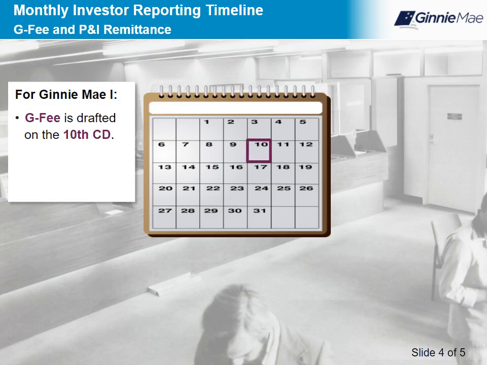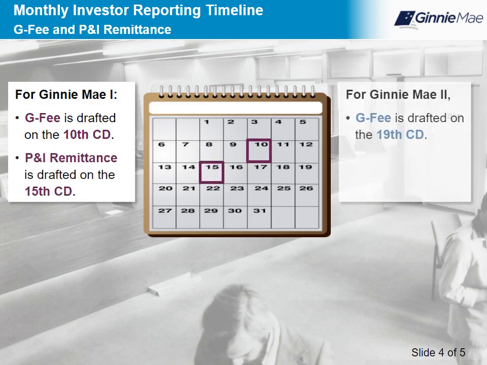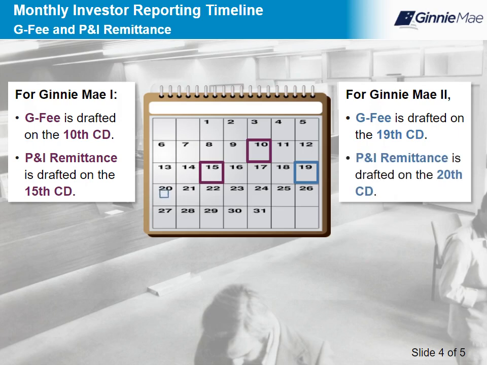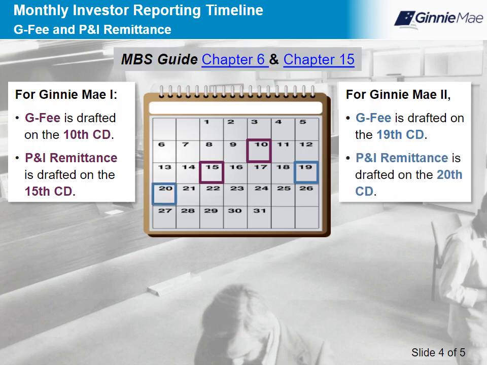For Ginnie Mae 1, the G fee is drafted from your designated bank account on the 10th calendar day, CD. The P&I remittance is drafted on the 15th CD. The G fee for the Ginnie Mae 2 is drafted on the 19th calendar day, and the P&I is drafted on the 20th CD. If the calendar days are not business days, see the MBS Guide Chapter 6 and Chapter 15.